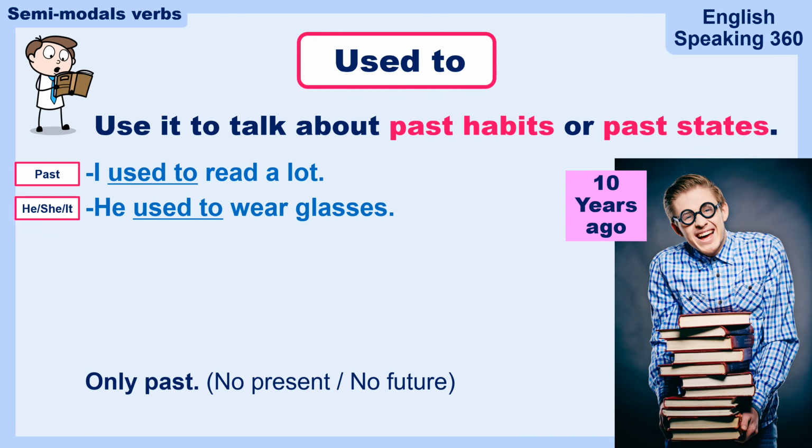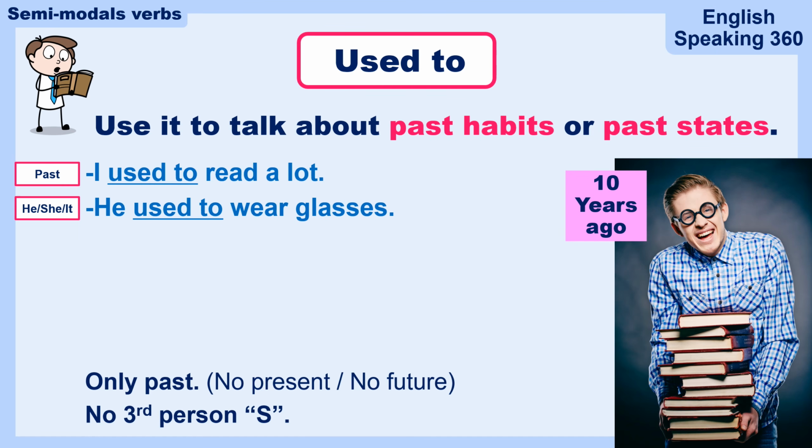The third person, he used to wear glasses. So at the past also, he used to wear glasses. So 10 years ago, he wore glasses, but now he doesn't anymore. It's a past habit. Here you have to notice that there is no third person S because there is no present tense.